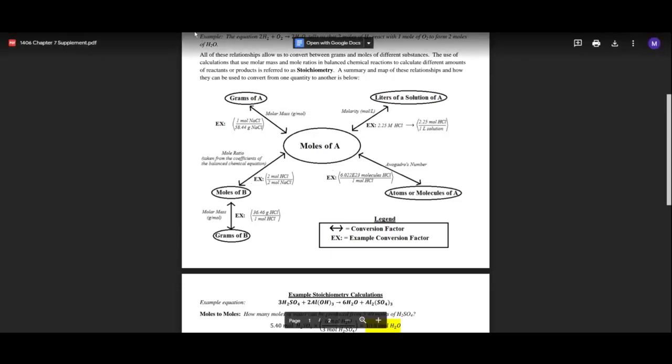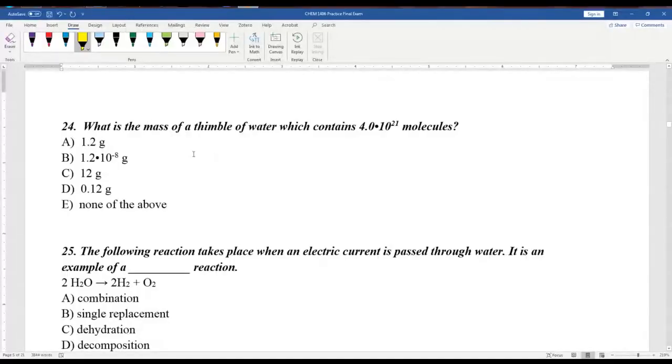So let's go ahead and show what this looks like on paper, virtual paper anyway. We'll start with our 4.0 times 10 to the 21st molecules. And don't abbreviate molecules, MOL.